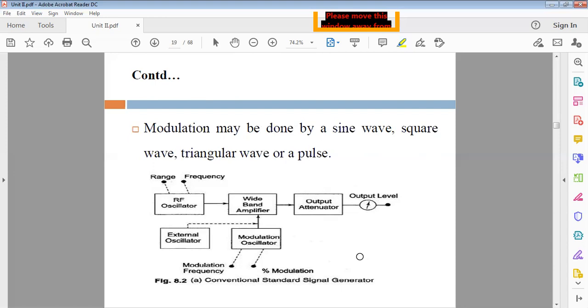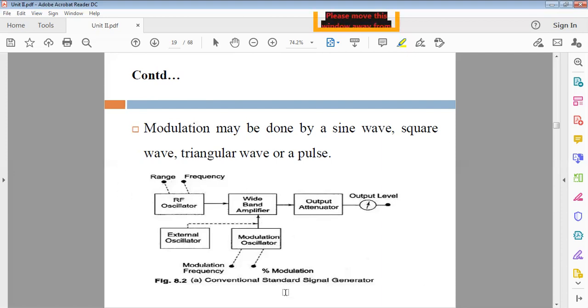So coming to the block diagram of the RF standard signal generator. This is the block diagram. In this we have an RF oscillator, a wideband amplifier, and an output attenuator, with an output meter which is used for indicating the output level. Next, in the wideband amplifier we have an external oscillator and modulation oscillator.